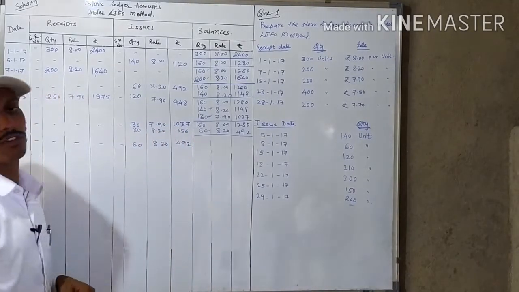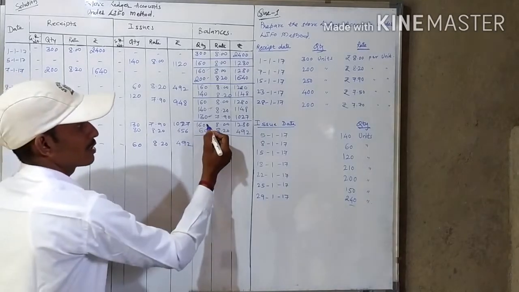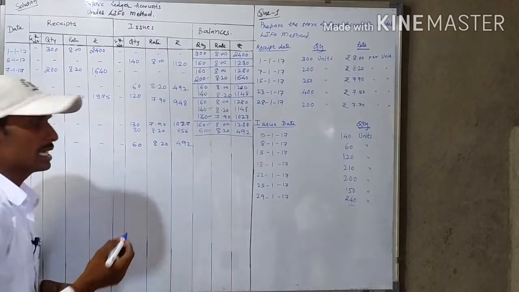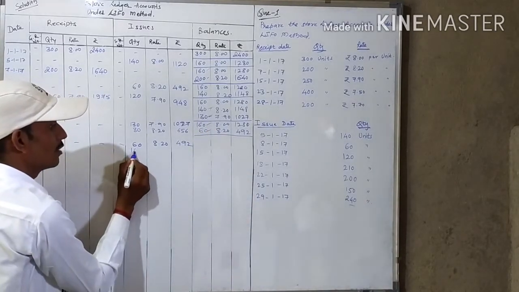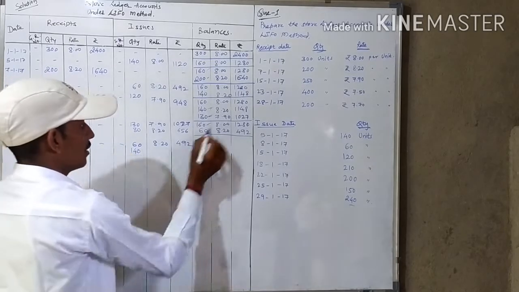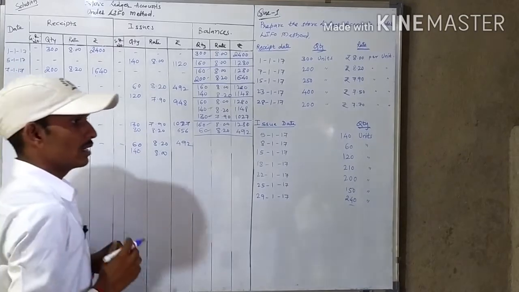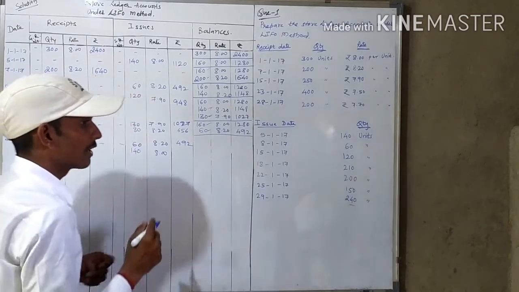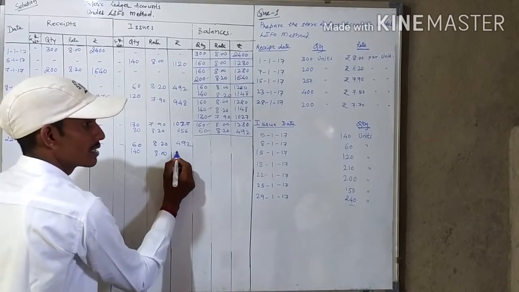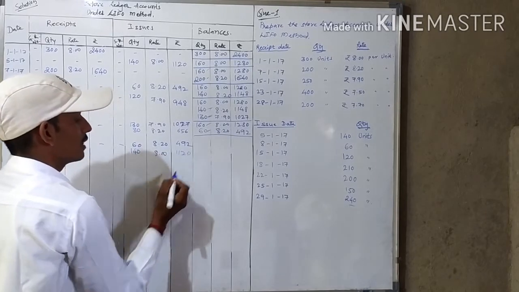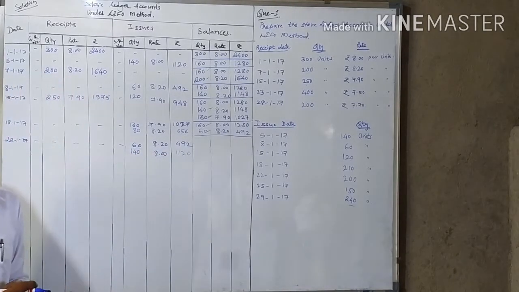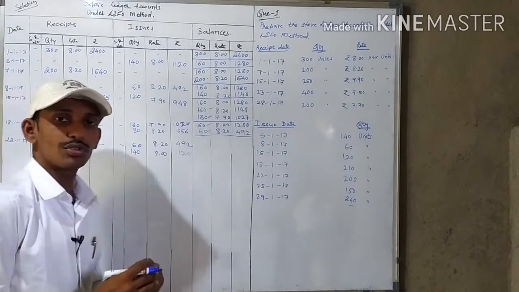Again we need 140 units. So 140 units you can issue from the 160 units. Rate of that is 8 per unit. After calculating you will get value 1120.